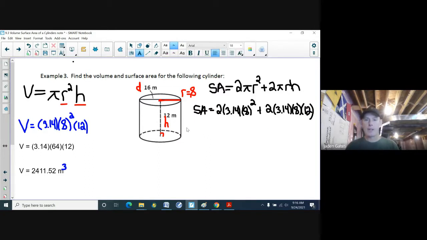Just following Bedmas now to do my calculations. So I've got to do that 8 squared. So 2 times my 3.14, and 8 squared, we did that, right? That was 64. 8 times 8. So 64 plus the second part. Well, nothing changes there. We didn't have any exponents.